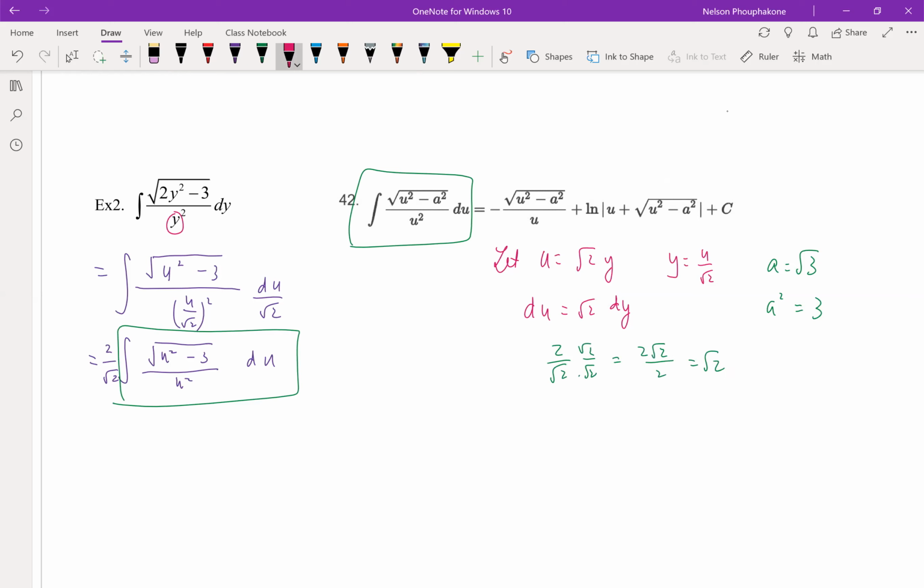So I will have root 2 multiplied by negative square root of u squared minus 3 over u, plus natural log of u plus square root of u squared minus 3, plus C. And then what we need to do is just put back the u in this case.